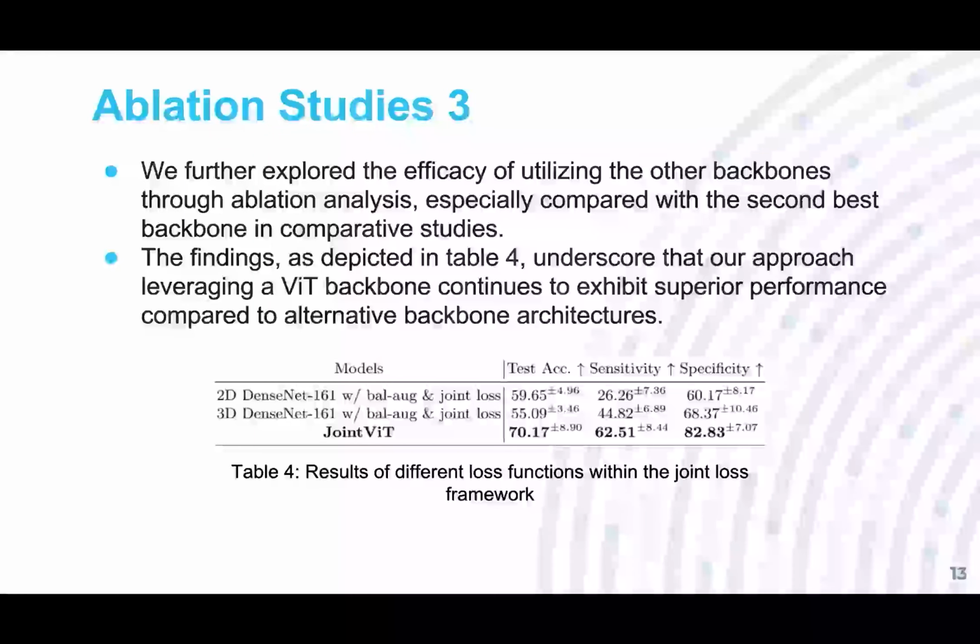We further explored the efficacy of utilizing other backbones through ablation analysis, especially compared with the ResNet-based backbone in comparative studies. The findings, as depicted in Table 4, underscore that our approach, leveraging a ViT backbone, continues to exhibit superior performance compared to alternative backbone architectures.